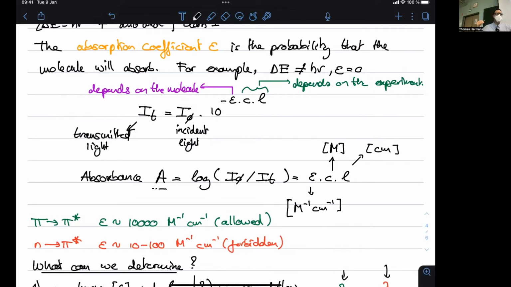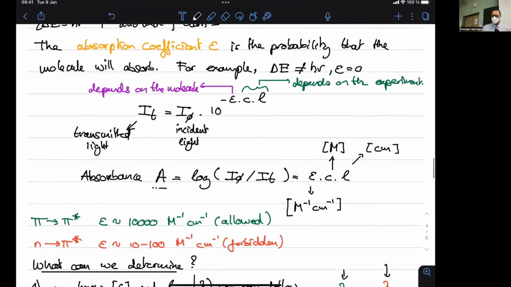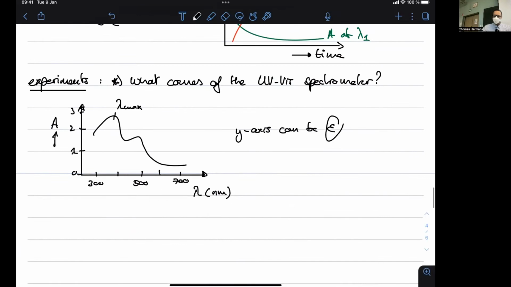But what does it mean? It's 10 to the power something. It means that the transmitted light is 100 times lower than the incident light. You shine light on the cuvette and only 1% comes out. 99% is absorbed, right? So absorbance 2 means 99% is absorbed.